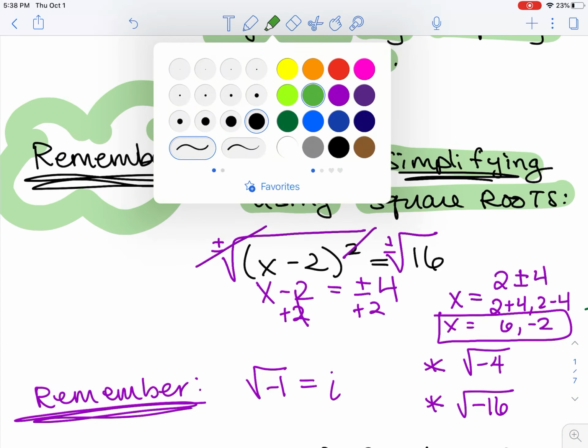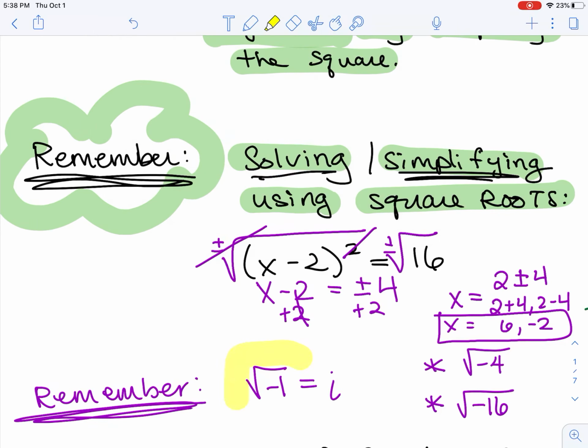Okay? Also, remember this little negative information. You may have learned in Algebra 1 that the root of negative 1 is i. Remember, i stands for the imaginary number. Up until a certain point, you always learned there are no roots of a negative. Well, when we want to solve something in the imaginary realm, we say that the root of negative 1 is i. So for example, what's the root of negative 4?